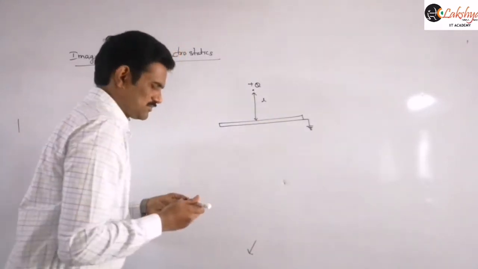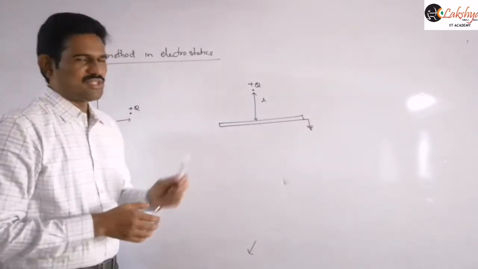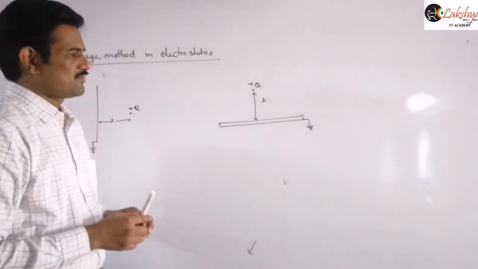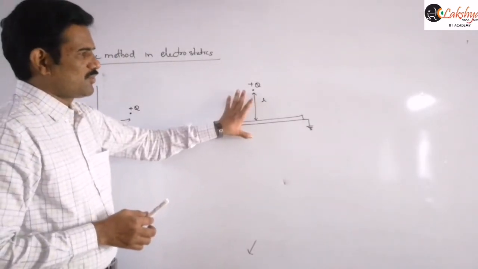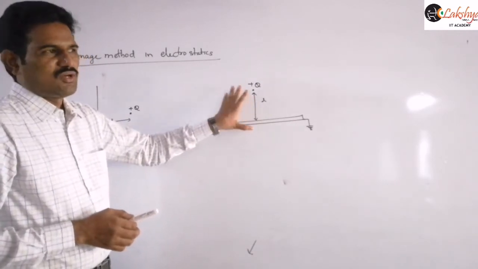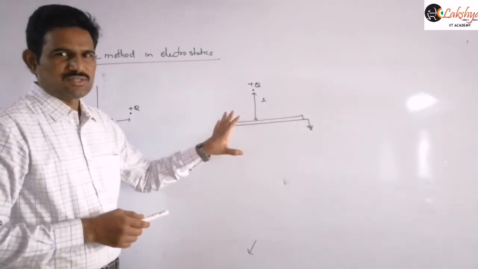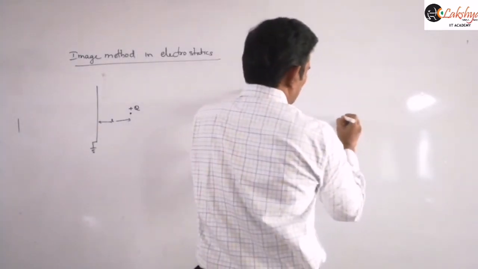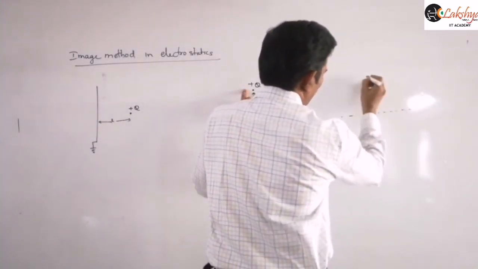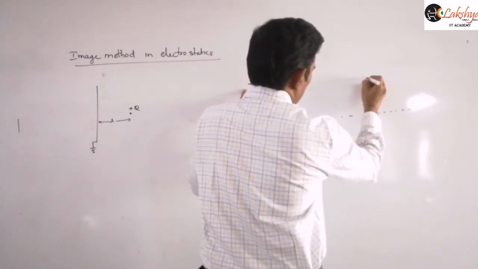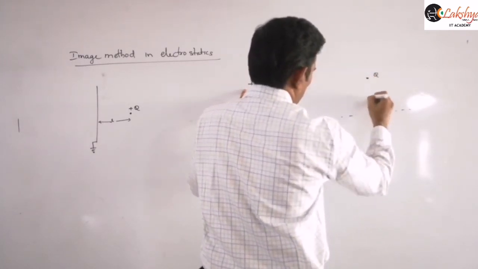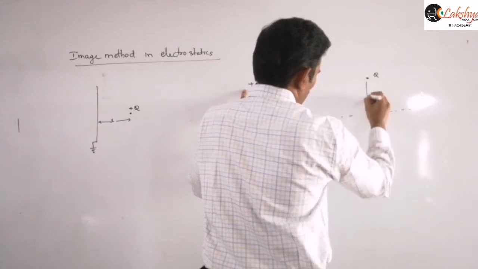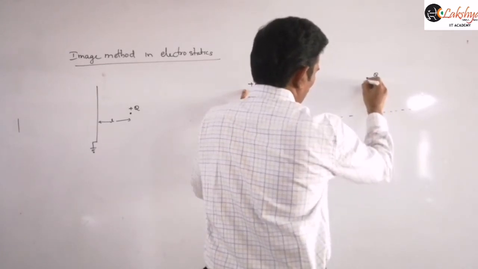Now in the image method, if you want to apply it for this configuration, we have to replace this given system with the given charge configuration. Whatever the given charge is there, we need to consider that given charge here, at the same location, that means at L.